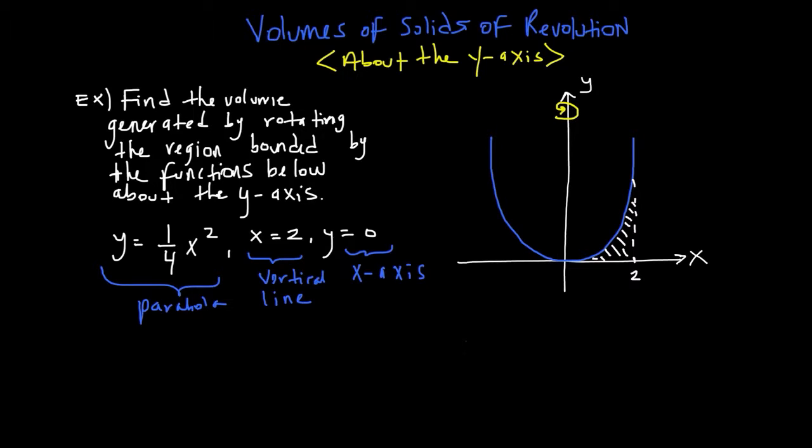I hope you can see that these are going to be now horizontal discs, and they're going to stack up on top of each other vertically. And what I want you to think about next is, how would I draw them? I also hope you can see that you need to use the washer method for this example, because there will be some empty space.